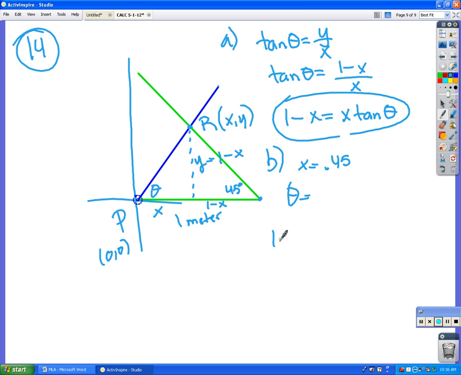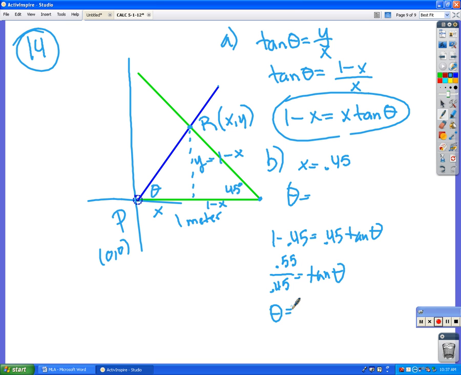So 1 minus 0.45 equals 0.45 tangent of theta. So 1 minus 0.45 is 0.55. Divide that by 0.45, and then take the inverse tangent. And apparently we want to be in degrees here, because the first thing they listed was in degrees. So what's the inverse tangent of 0.55 divided by 0.45?